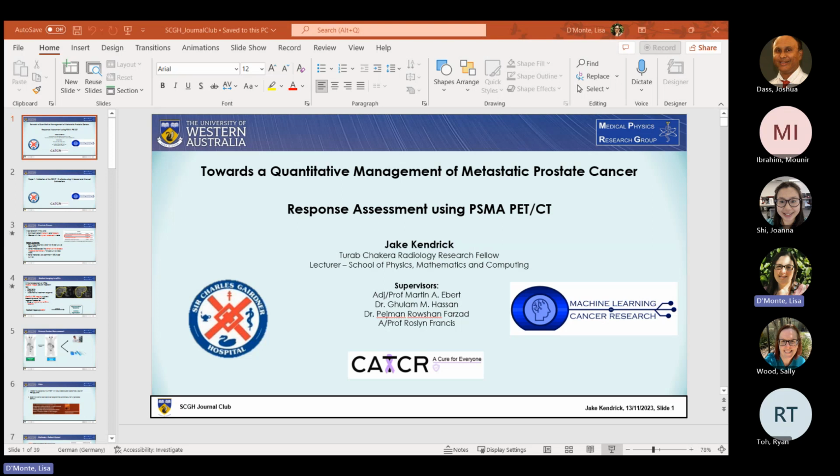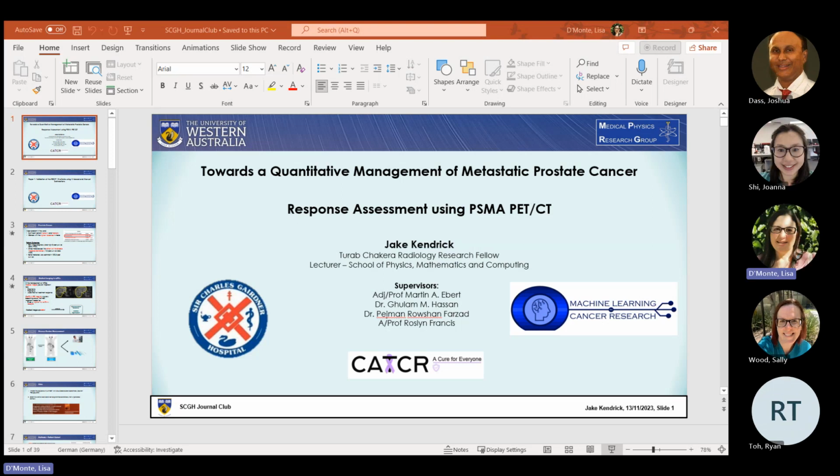Now, medical images play a really important role in managing metastatic prostate cancer, whether that be diagnosing the presence of lesions throughout the patient's body, or offering a prognostic assessment of how the disease is likely to progress in the future. And one thing that's going to be the particular focus of this talk today is the assessment of treatment response.